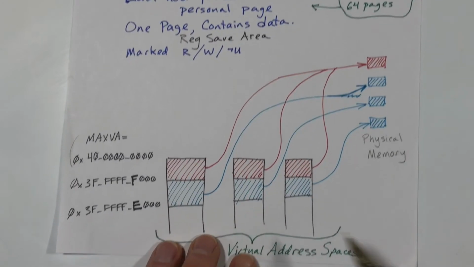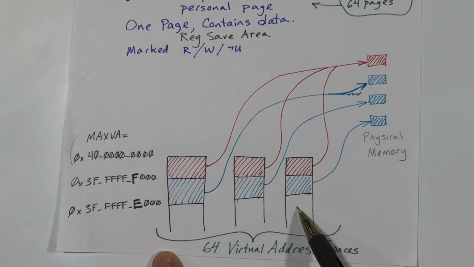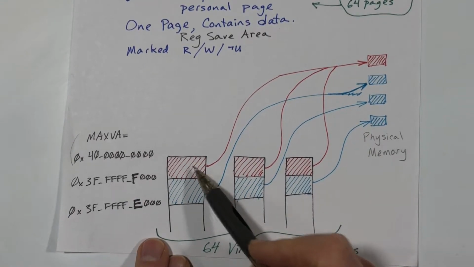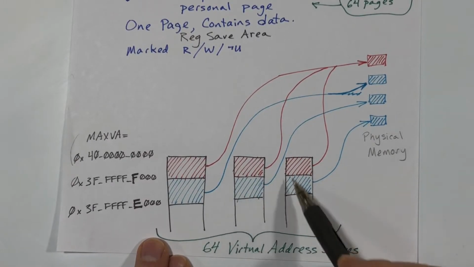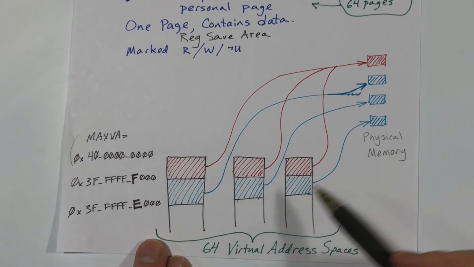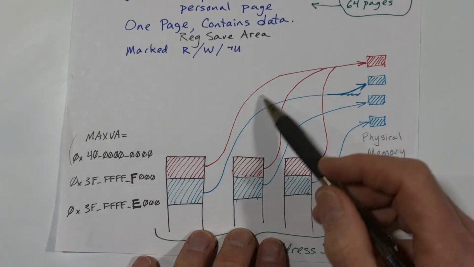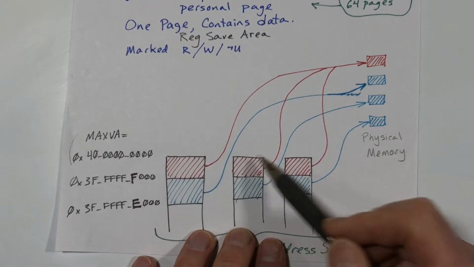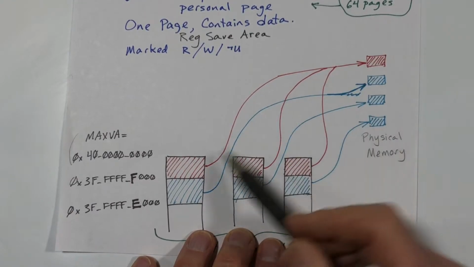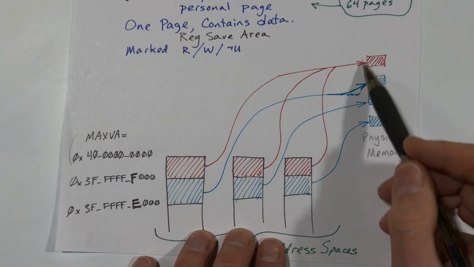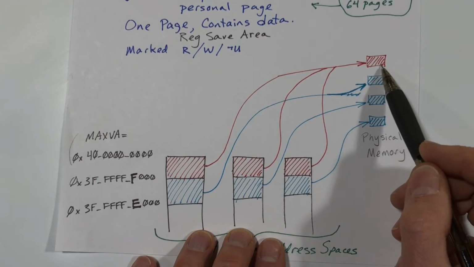So in this picture down here, I'm showing the top of all the 64 virtual address spaces for the user processes. The top page is the trampoline page, and the second to the top page is the trap frame page. The idea here is that the page table maps all of these trampoline pages into the same physical address.